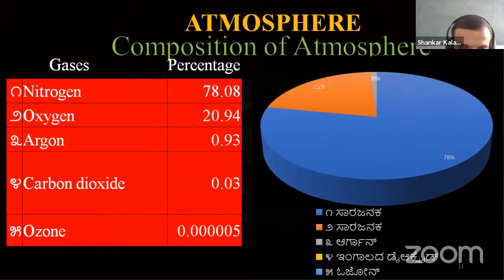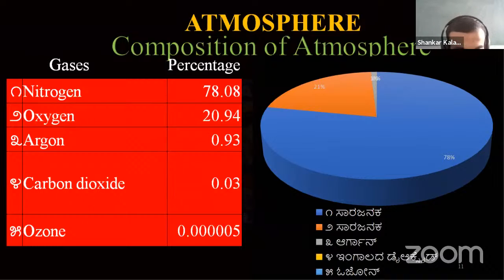And the third is argon, which is 0.93% in the entire atmosphere, meaning about 1%. And carbon dioxide is 0.03, less than 1%. This is the fourth one. And fifth is ozone, which protects us. See there, it has only 0.00005.